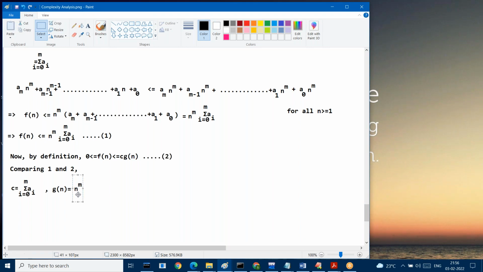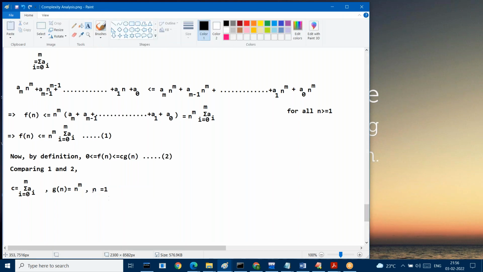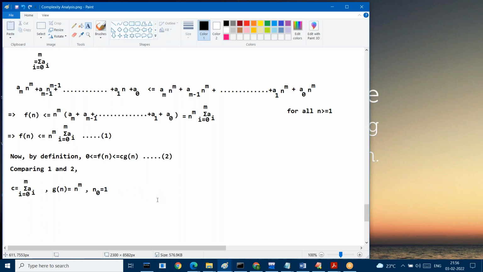Gn is equal to n to the power m. Great. What about n0? You said for all n greater equal to 1. So what about n0? N0 is equal to 1, sir.